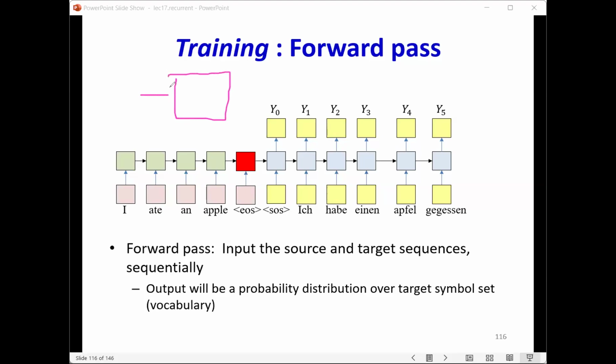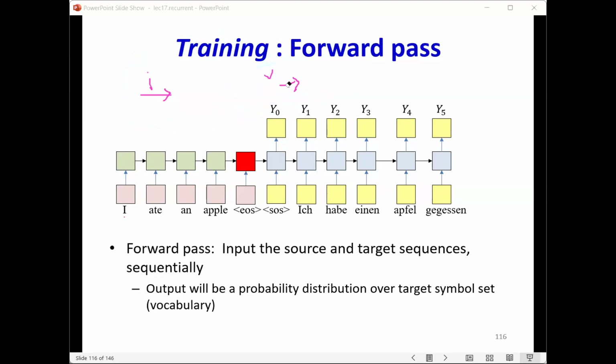Now in your standard neural network training, an input goes in and you get an output, and this is compared to a desired output, and you compute your loss. This is what you minimize. You remember this, right? In this case, I'm giving the input, and I also pass the target sequence, because the target sequence is being treated in much the same way as we would for language modeling.